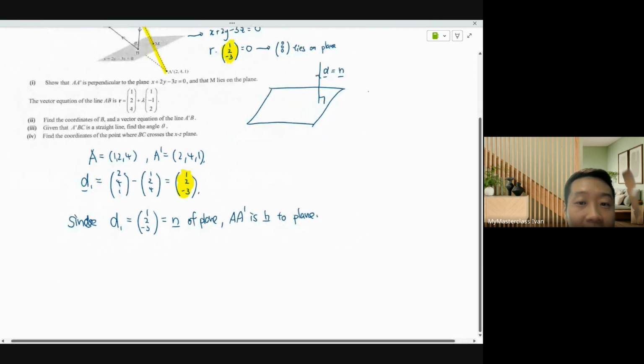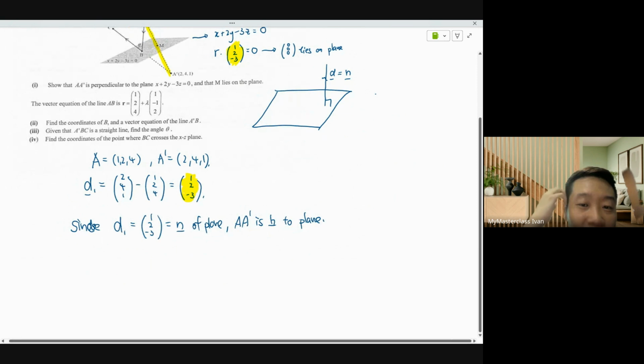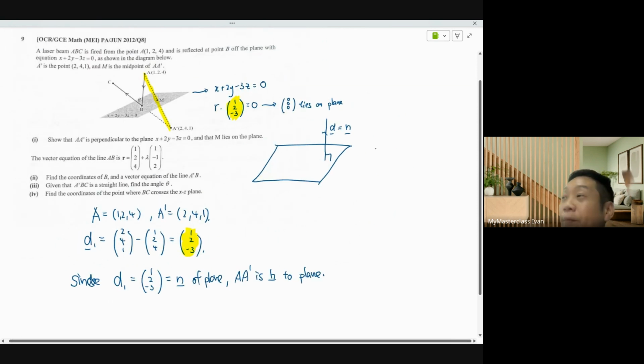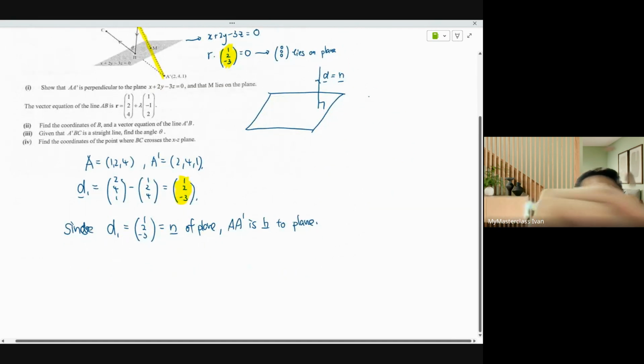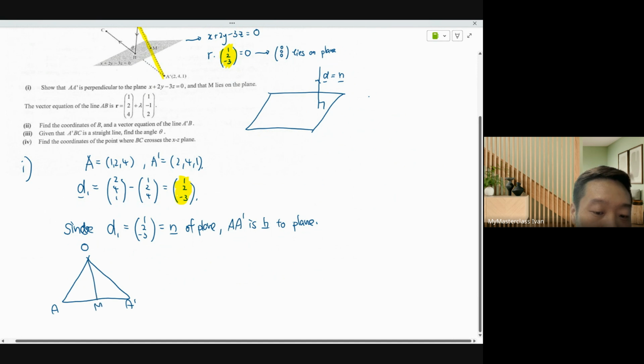Okay. So next, they say that M lies on the plane. They say that M is a midpoint, right? So whenever you see midpoint, what theorem must come to your mind? Ratio theorems. Ratio theorem always starts the head at O. So this is A prime, and then this is M. M is the midpoint, so this is 1:1.